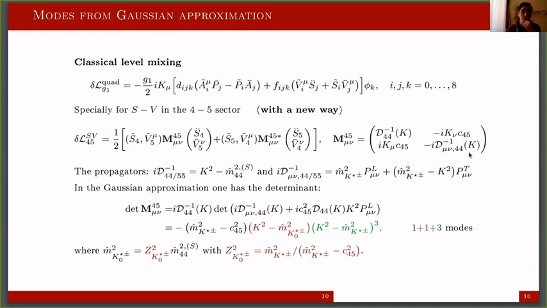And in the Gaussian approximation, one has to calculate the determinant. Since everything in the matrix can be written in terms of projectors, one can calculate this determinant. And it turns out that we get back the same inverse propagator, the same mode that we get for the scalars, with the same Z factors. And we see even more with this method.